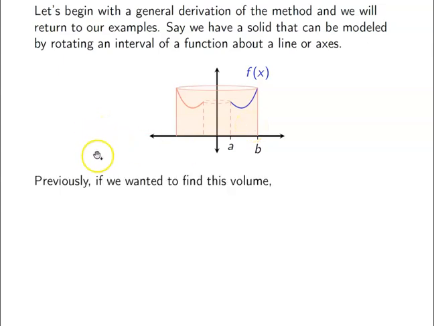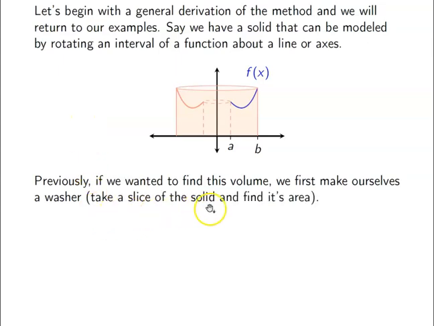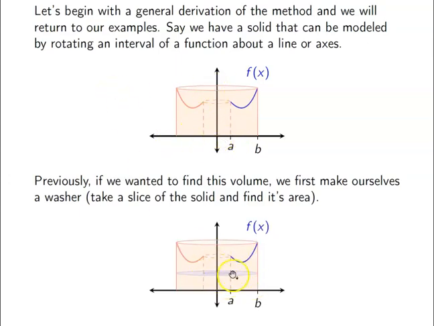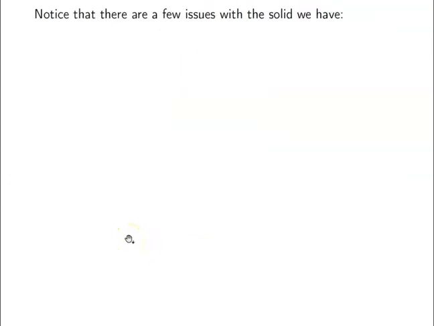Previously, if we wanted to find the volume for this solid, we first would cut ourselves a washer, in this case parallel to the x-axis. We take a slice of the solid, find the area of that washer, and then integrate that function from the bottom to the top of my solid. We take the outer area and subtract the inner area that has a hole.